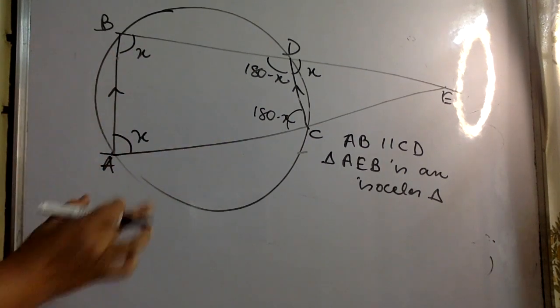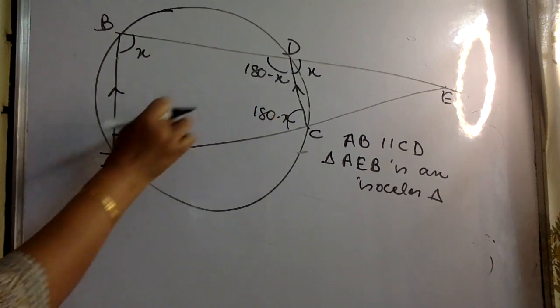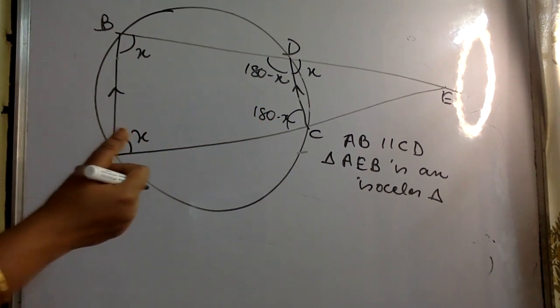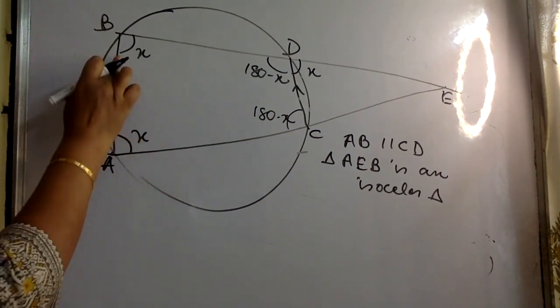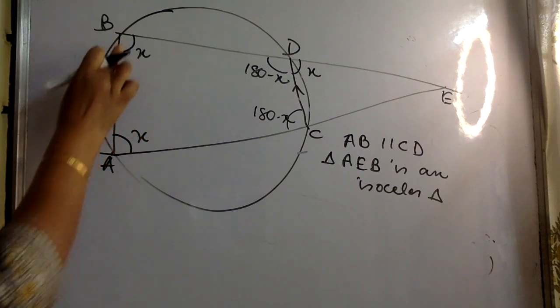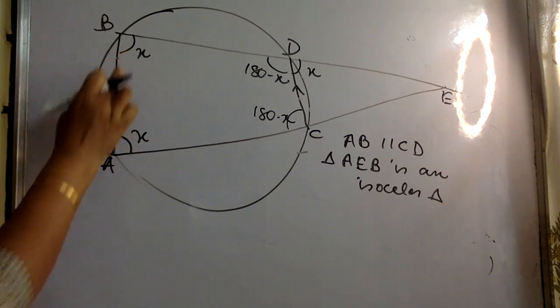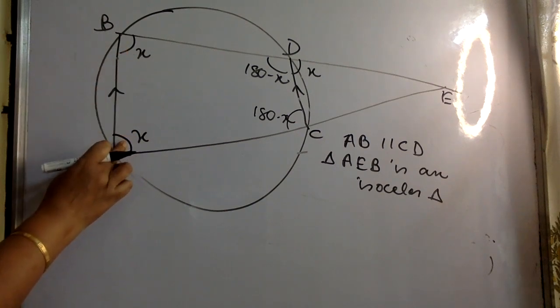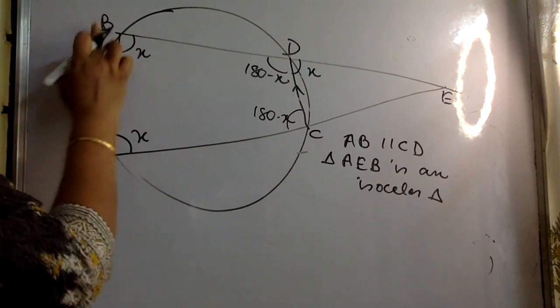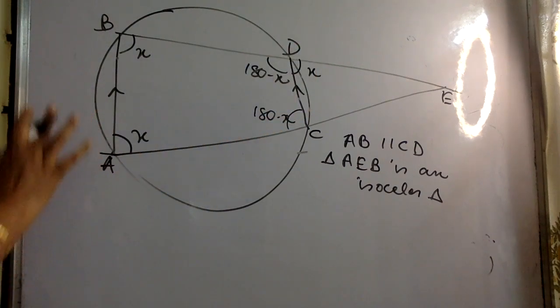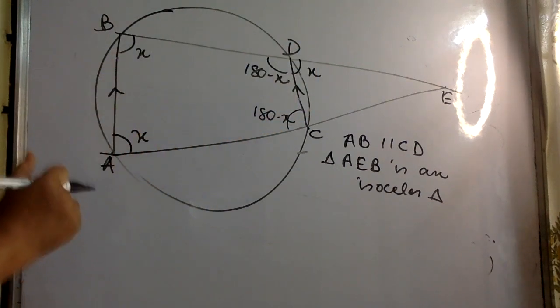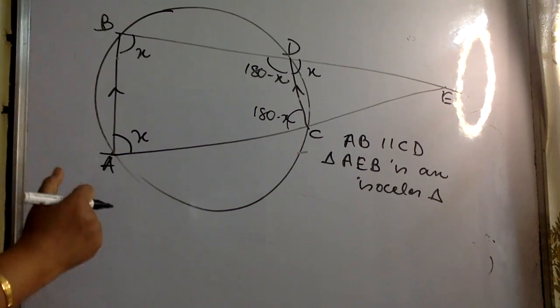Why will it be x? Because opposite angles should add up to 180 in a cyclic quadrilateral. Now what do we see? We had started from x and these 2 angles have become equal because both are x. If these 2 angles are equal, we can say BE is equal to EA. Therefore, the triangle is an isosceles triangle because base angles are equal.